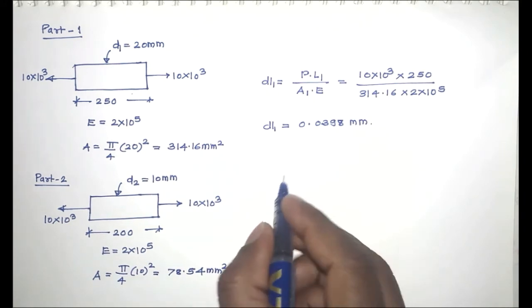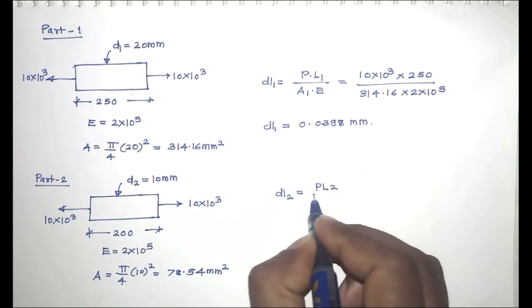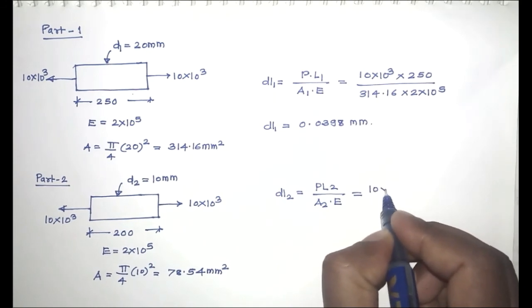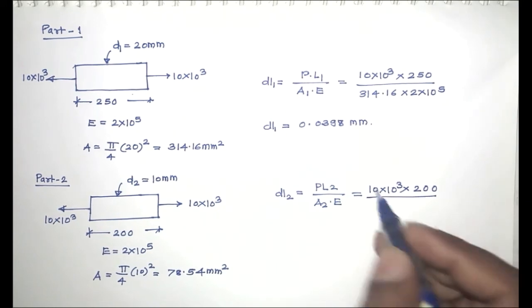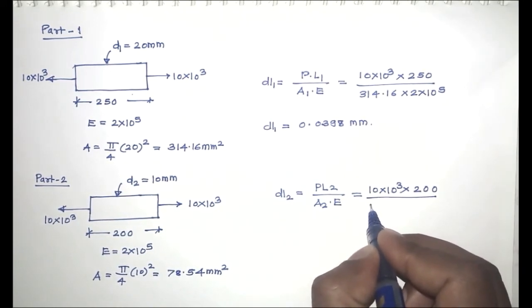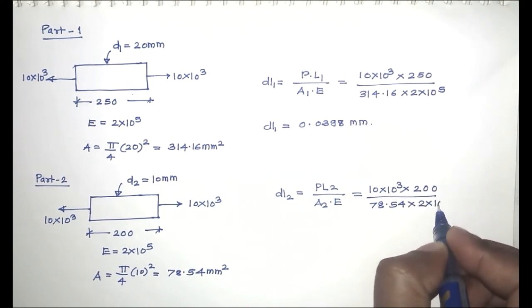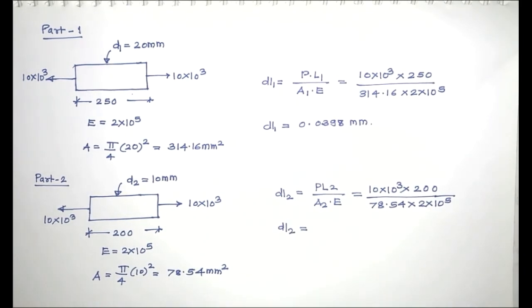Now based on this data we will calculate the value of dL2, which equals P L2 divided by A2 into E, which equals 10 into 10 to the power 3 into 200 divided by 78.54 into 2 into 10 to the power 5.